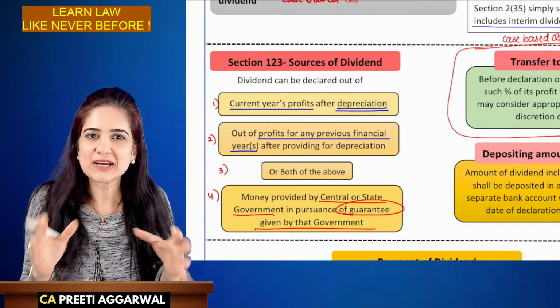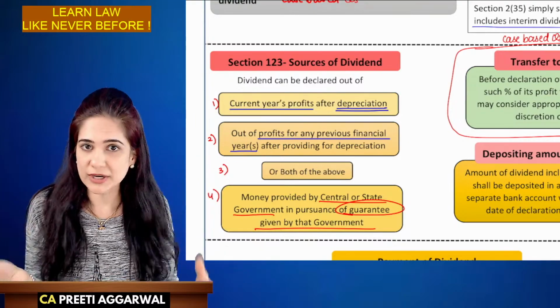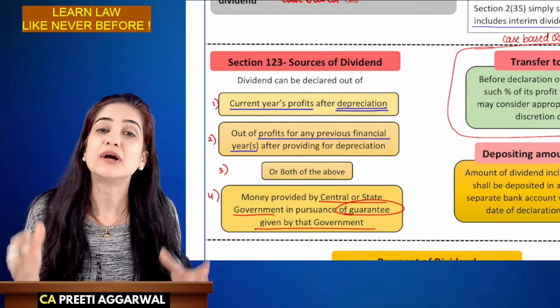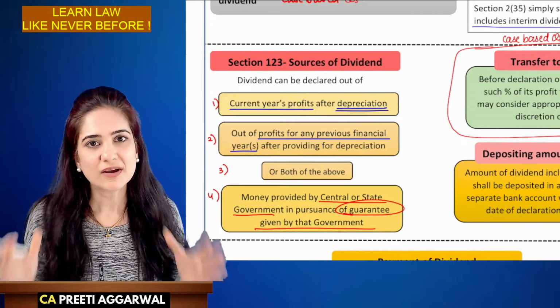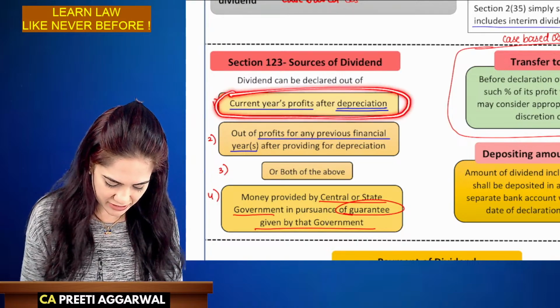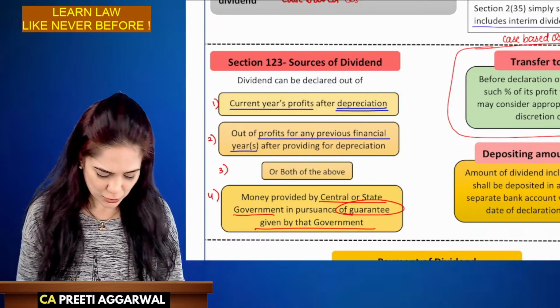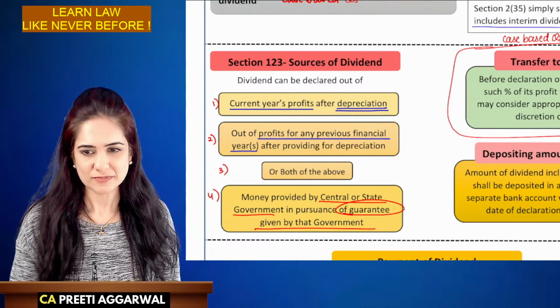If the company is giving dividend, it means it is sound, it is earning profit. And if the dividend is not given, it means that the company is not doing good. People will start exiting from the company. Share price will go down. That is why we say, even if there is no profit in the current year, we are allowing the company to utilize the past profits to declare dividend.